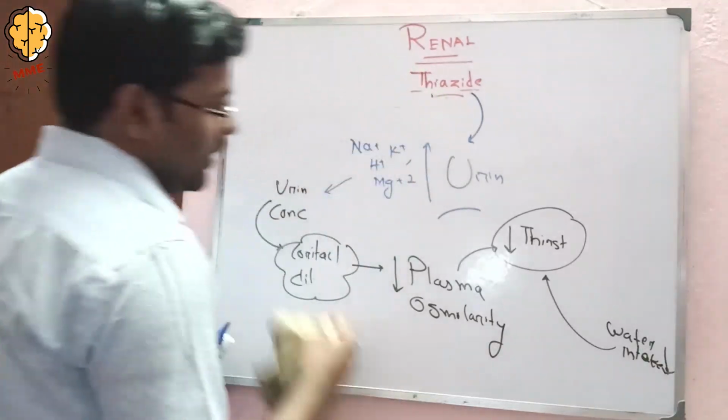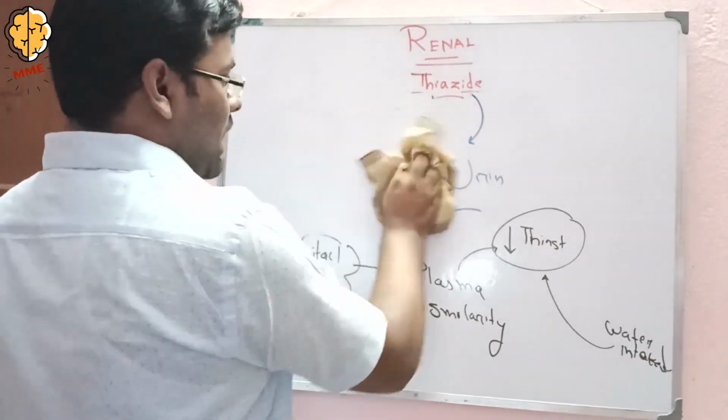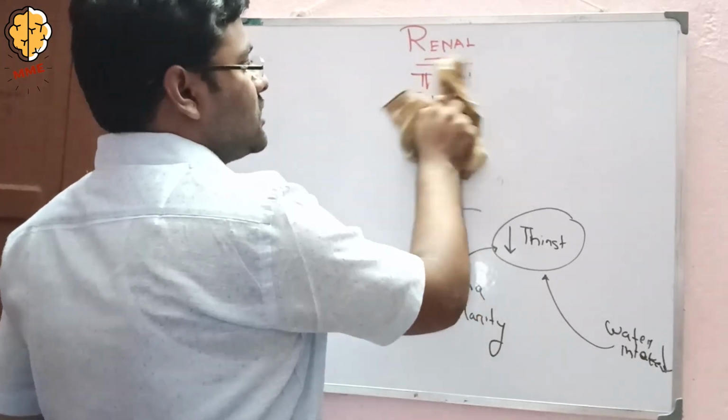So thus urine formation was decreased in case of diabetes insipidus by using the thiazide.